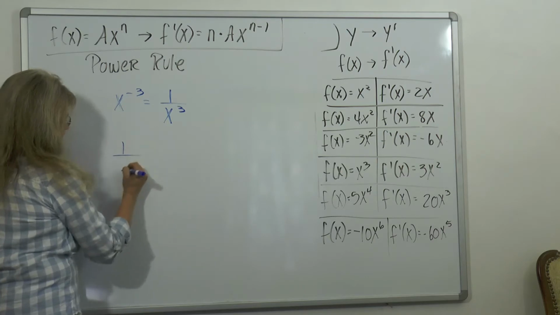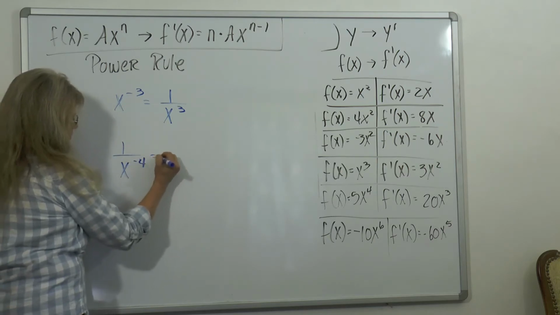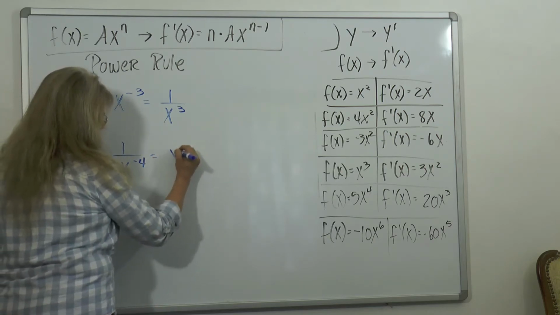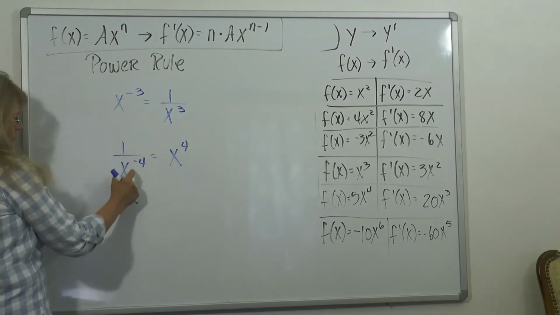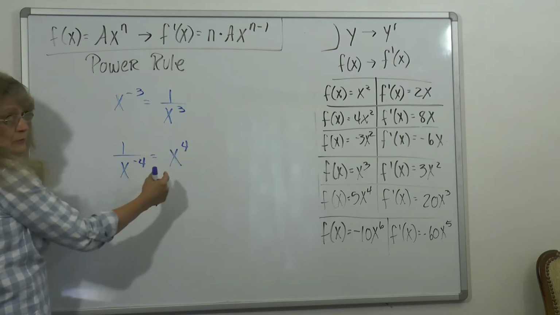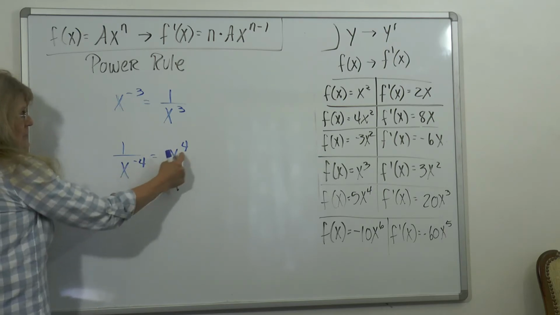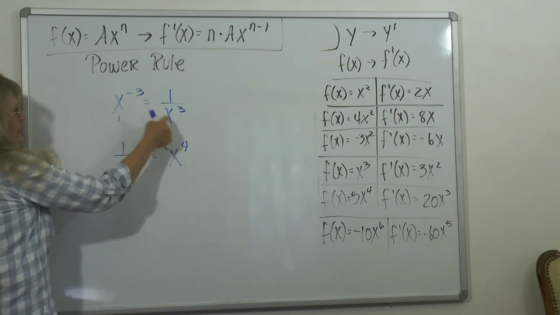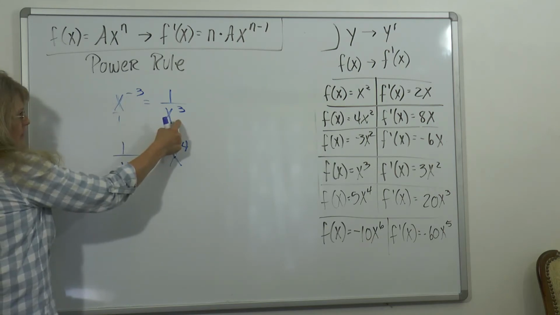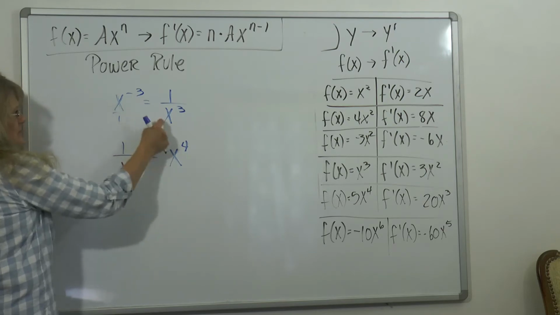Okay, 1 over, say, x to the negative 4th, that's the same thing as x to the positive 4. So whenever you move from a denominator to a numerator or a whole number, the sign of the exponent changes. So when you go from a whole number or a numerator, you bring it down to the bottom, the sign of the exponent changes. Not the sign of the base, just the sign of the exponent.